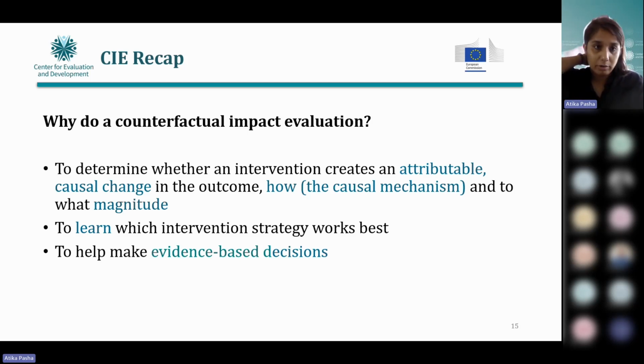And this is where a counterfactual impact evaluation is extremely useful and quite robust in giving you a response to which method might lead to more employment or more income in 6 months, for instance. And then naturally, based on the results from your impact evaluation, you're able to make evidence-based decisions or know what works, how, and to what magnitude.